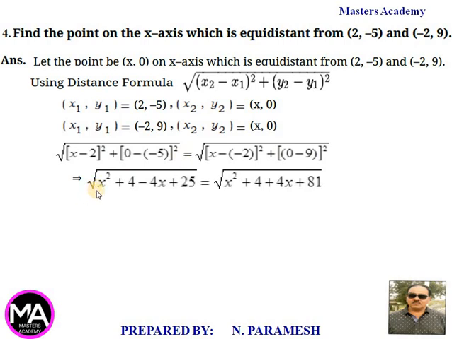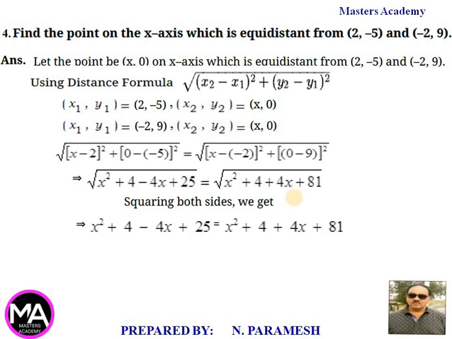Using (a - b) whole square, x square plus 2 square is 4 minus 4x plus (-5) whole square is 25, is equal to root of (a + b) whole square, x square plus 2 square is 4 plus 2 into x into 2 that is 4x, plus 9 square is 81.